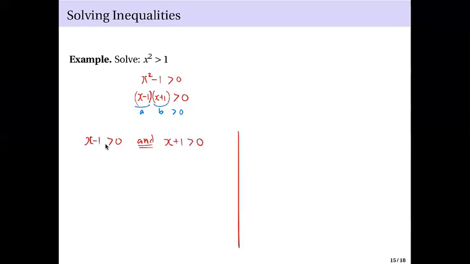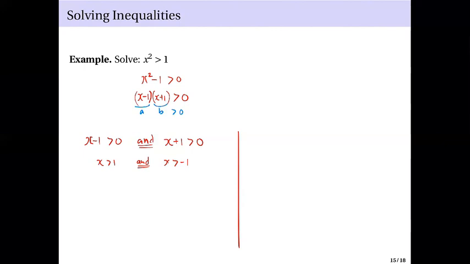From here, we have x greater than 1, and then we have the end. From here, we have x greater than negative 1. So we want all x's that satisfy these two inequalities.